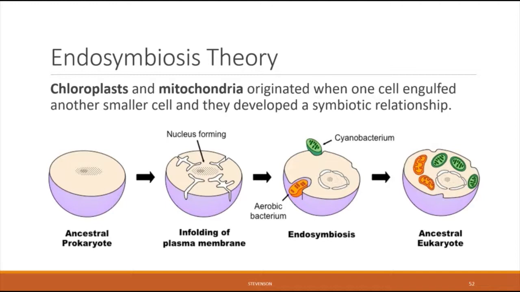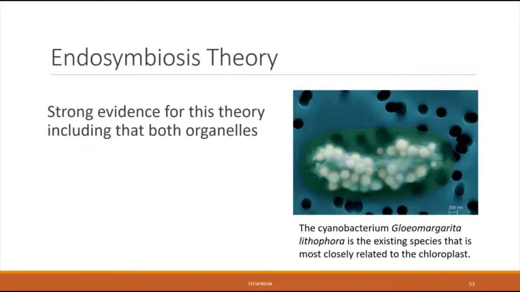And many years down the line, it is now the case that the chloroplast and the mitochondria, which used to be free-living, probably bacterial cells, are completely codependent on the eukaryotic cells that contain them. There's a lot of evidence for this theory, including the fact that these organelles contain their own DNA, which suggests that they used to be separate living organisms.